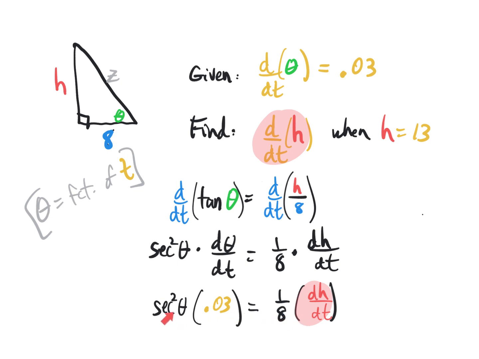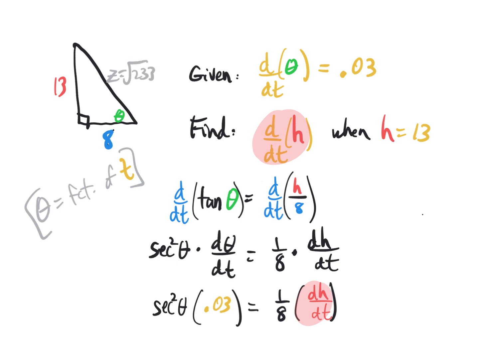So, what is secant squared of theta? Well, we need to know what theta is maybe, or we need to know what the hypotenuse is, I suppose. So h is 13 in this moment. So let's substitute a 13 here for now. And then using the Pythagorean theorem, z is the square root of 233.